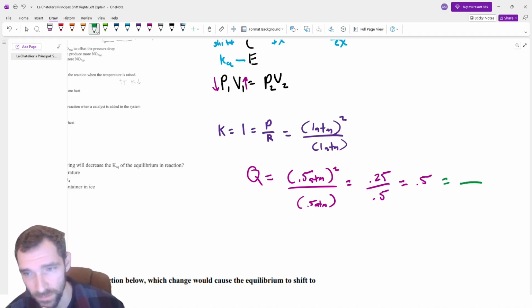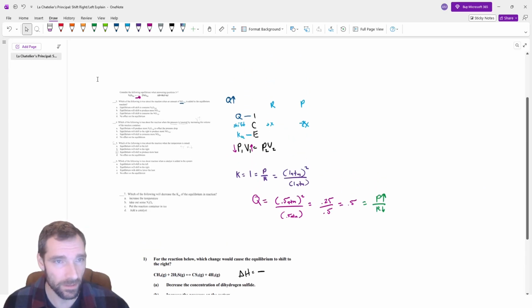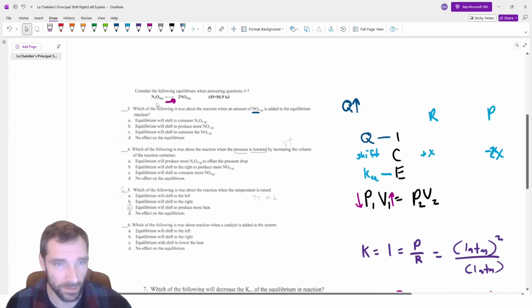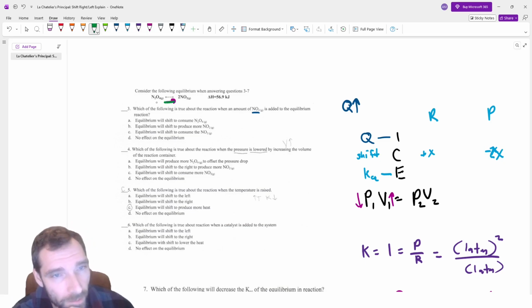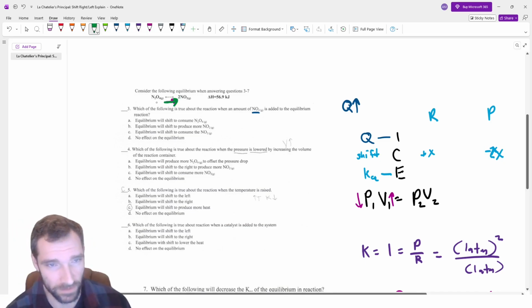because Q is equal to the products over the reactants. We're going to need to make this number bigger, and to make that number bigger, we need more products and less reactants. So there's going to be this response to our change of pressure by shifting to the right, or shifting to making more products.